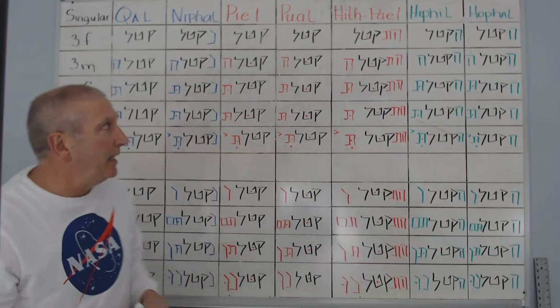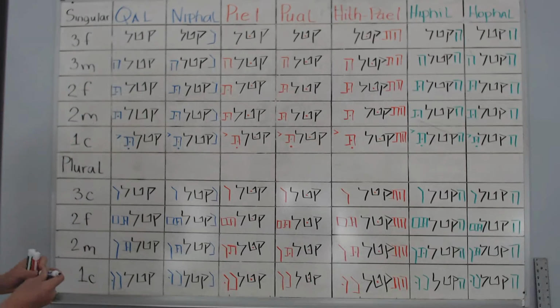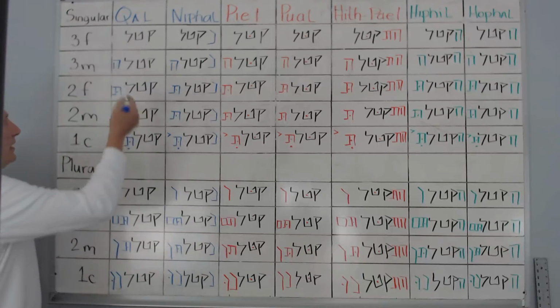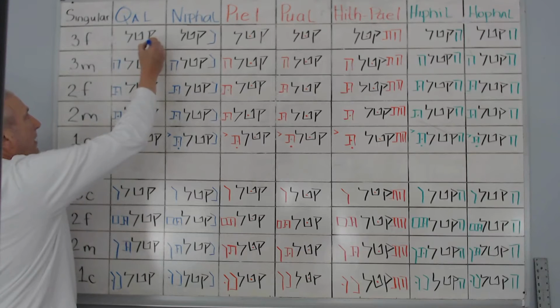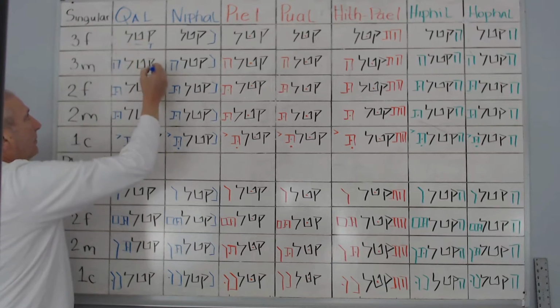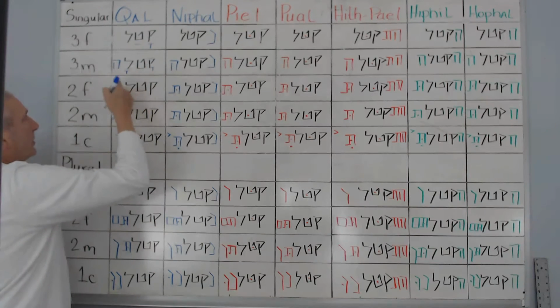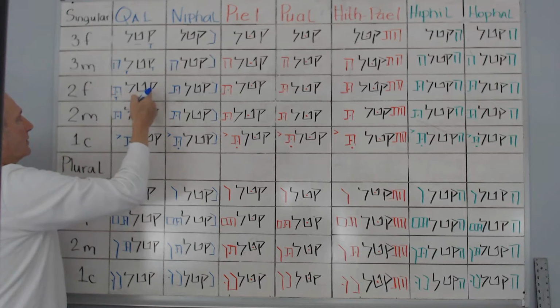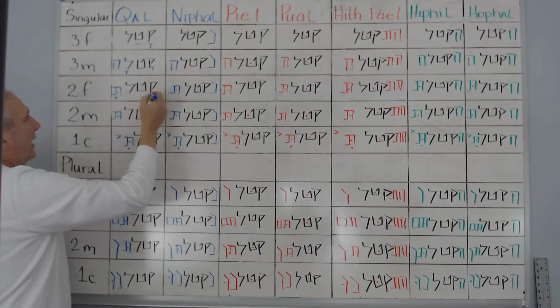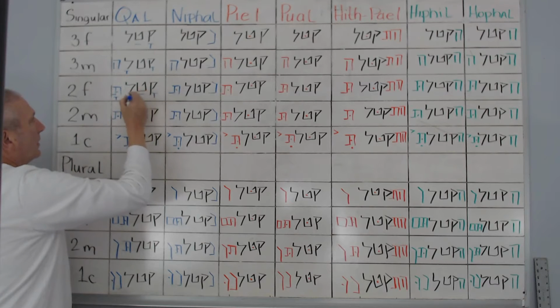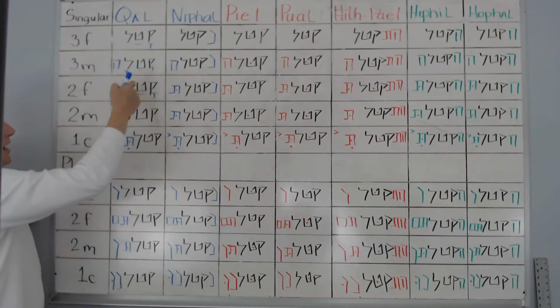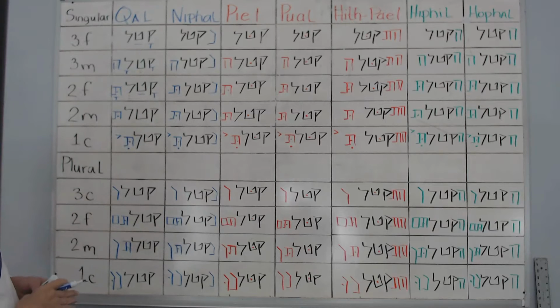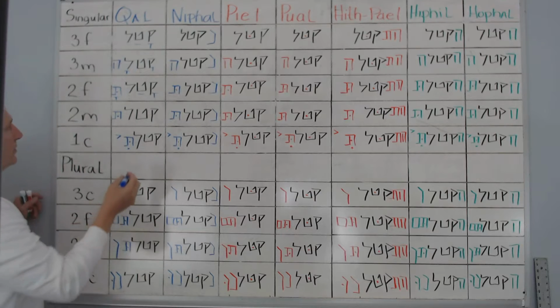And we can then begin to ask ourselves, how do we do this? So we have katal, katala, katalta. Now this shva determines whether it's a vowel sound or a syllable divider, and we'll get to that in just a moment.